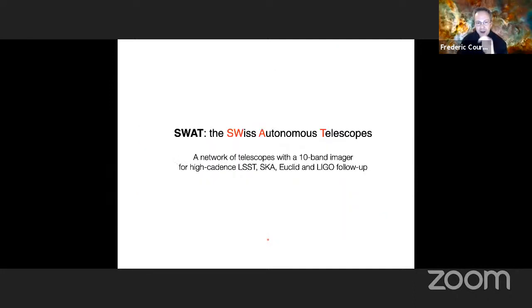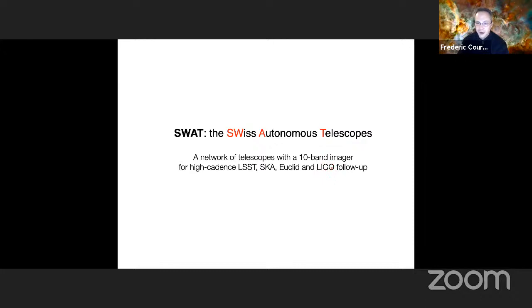And then, for the final part of the talk, I wanted to present a project we have here, called SWAT. SWAT is the Swiss Autonomous Telescopes. The goal is to devise a small network of telescopes worldwide that would do some follow-up of LSST, SKA, Euclid, and LIGO.